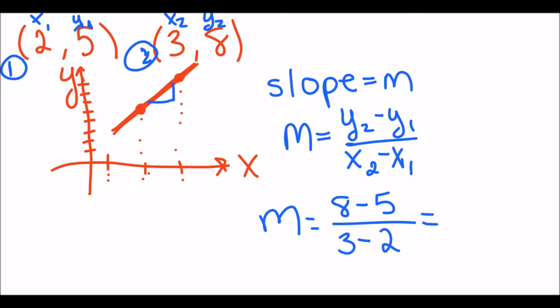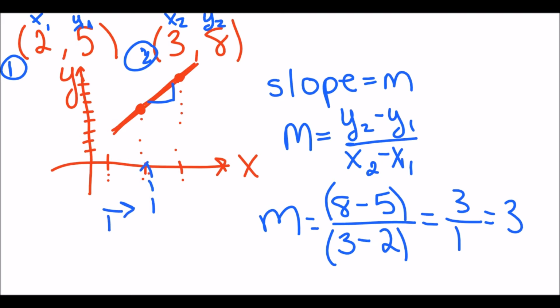If we just do the math, 8 minus 5 is 3, divided by 3 minus 2 is 1, so that equals 3. So we have a steepness of 3. Now great, what does that mean? That means for every 1 point we go over in the x, we go 3 points up.